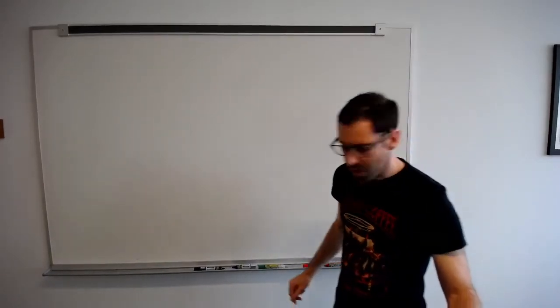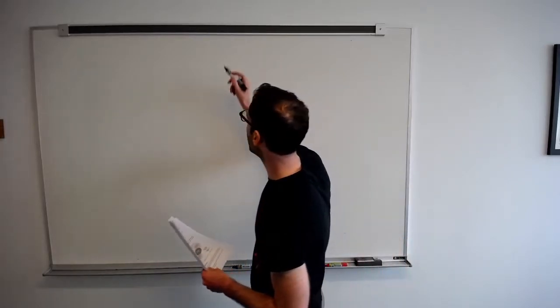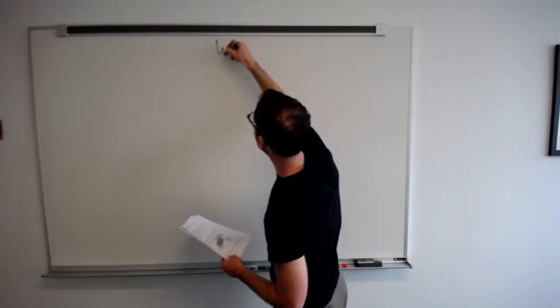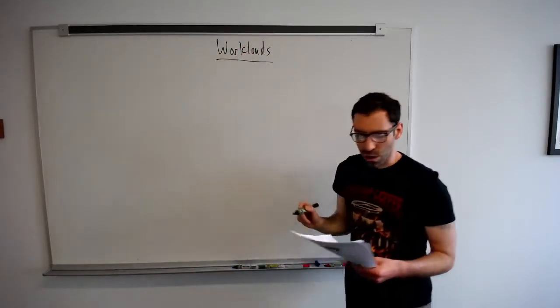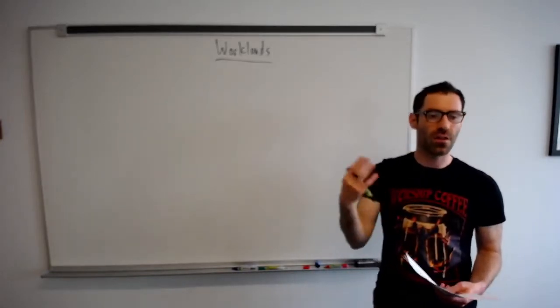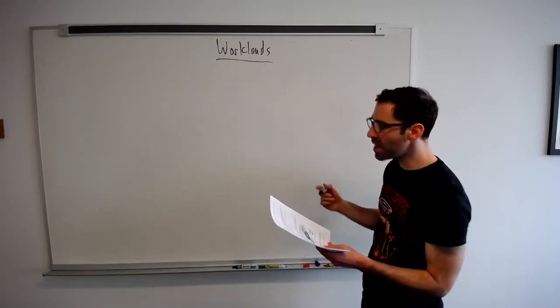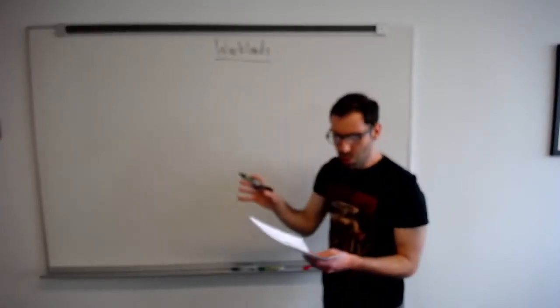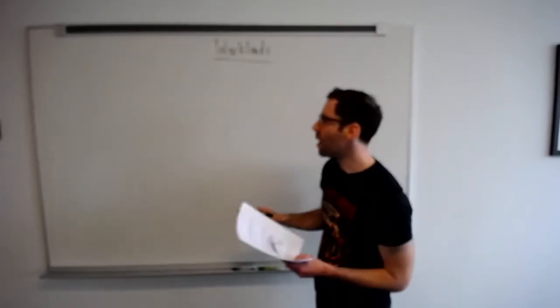All right, so I'm thinking about what kind of work that our database might do. We'll call these workloads, kind of some description of the kind of task or kind of operations that the database will be doing. And there's basically two broad categories that we're going to think about here.